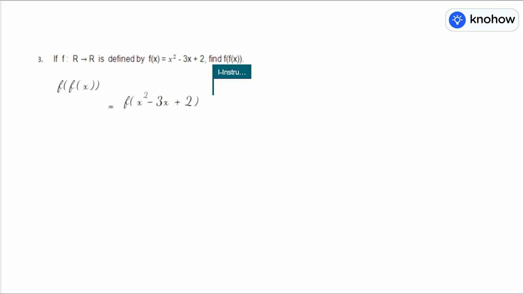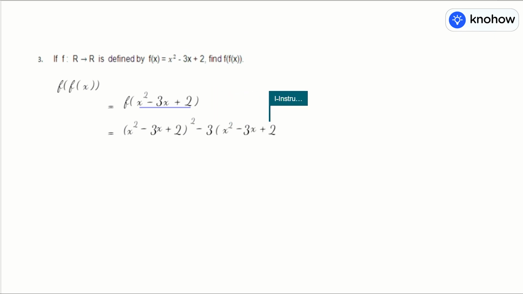That this whole expression should again be replaced by x in the definition of the function, x square minus 3x plus 2. Every time in place of x you replace this. So what do you get? (x square minus 3x plus 2) whole square minus 3 times (x square minus 3x plus 2) and plus 2 again. I am sure you can work it out.